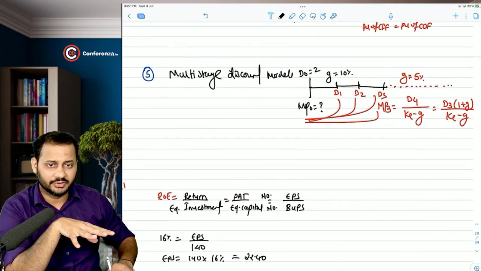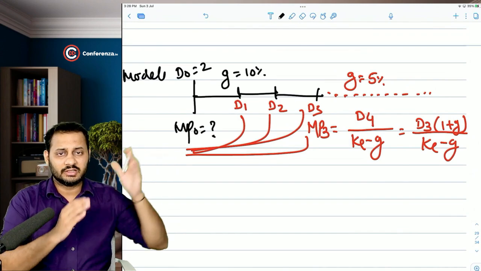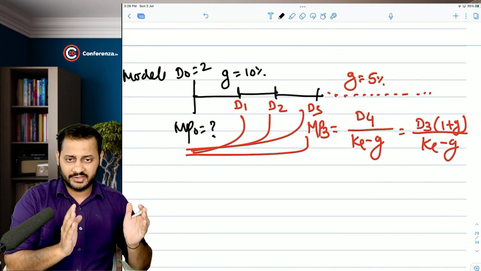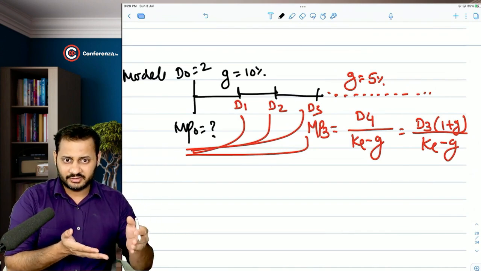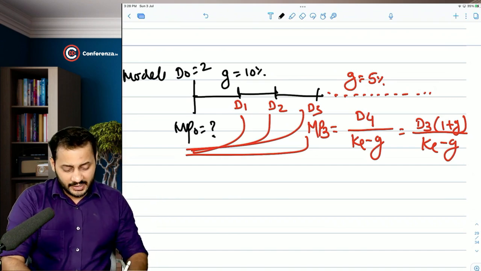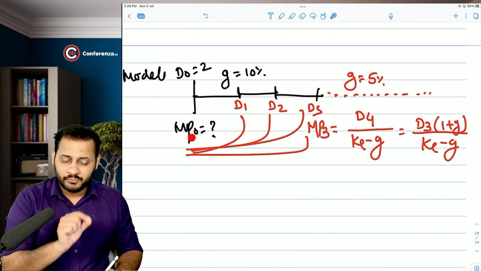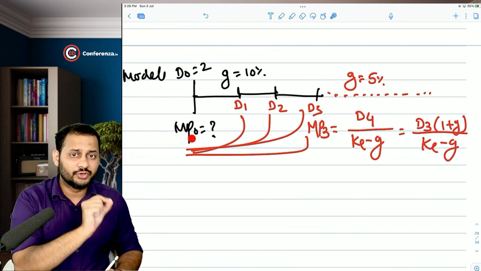Now we will be using this, where it says that the dividend growth was something in the first 3 years, and after that it changes perpetually to some other rate. At that time I told you how to calculate the market price. It is very simple. Present value of future cash flows.